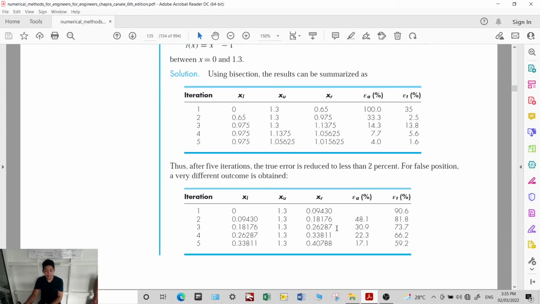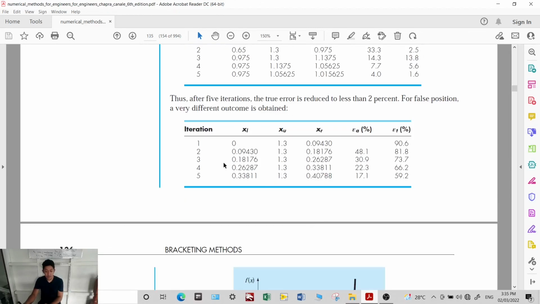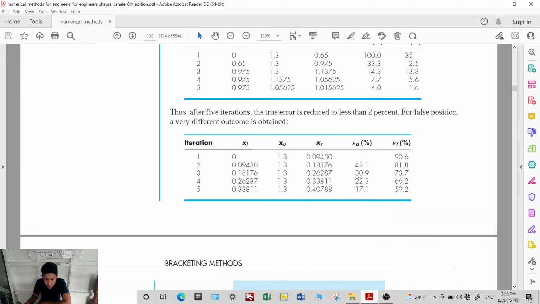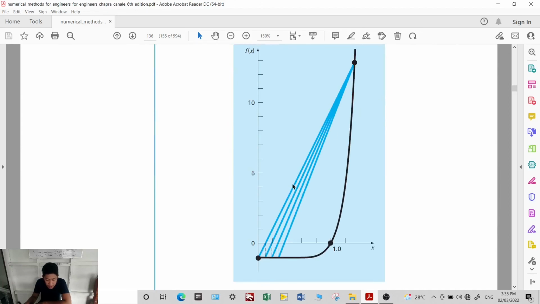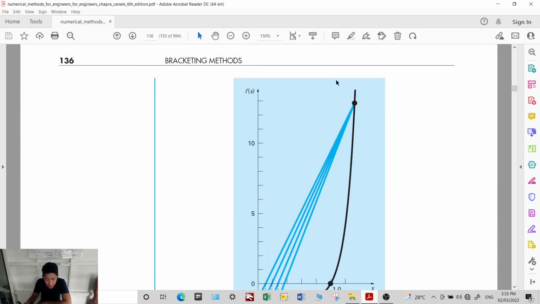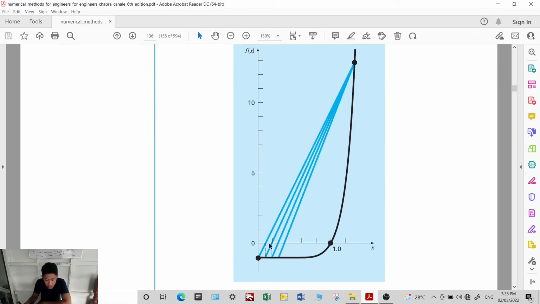However, for the false position method, after 5 iterations, the approximate percent relative error is still 17.1%. So it is still large, meaning it has not converged yet. You can see what happens in your calculation: first iteration, then second, third, fourth, and the root keeps moving slowly.